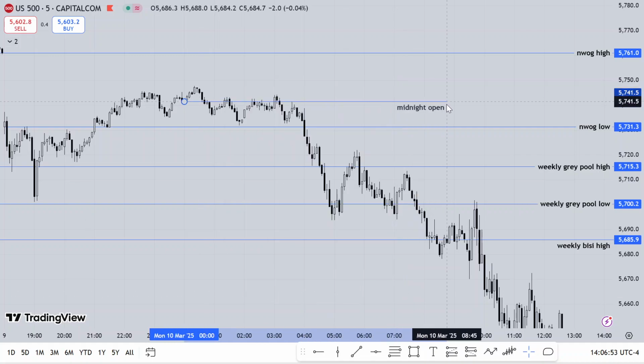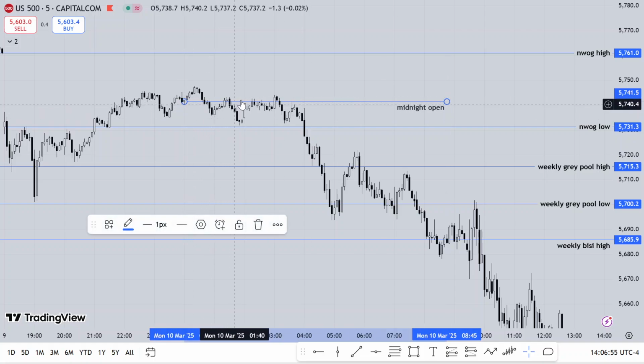So here you have the midnight opening for London. So we had the consolidation, price rallied higher, traded above the midnight opening price, then dropped lower, left an imbalance here, rebalanced this imbalance where it came to the midnight opening price, and then price dropped lower.